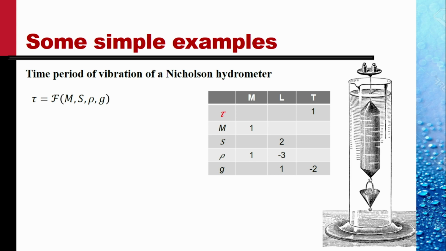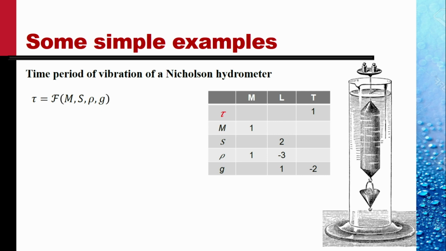There are 3 units available if we use MLT system, so that we can write the dimension of the dependent parameter tau and the independent parameters M, S, rho, and G in terms of M, L, T, and this table gives it. Rho, the dimension of density, is mass per unit volume, M L minus 3. G is like acceleration, L T minus 2.